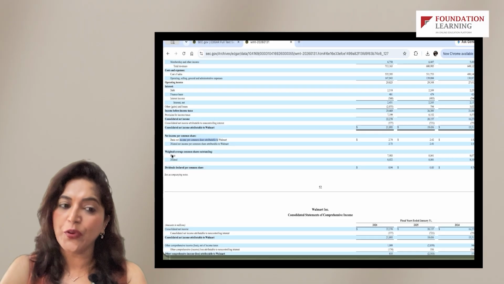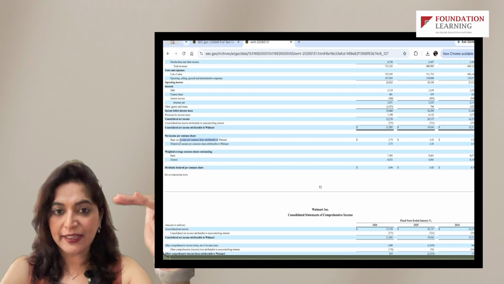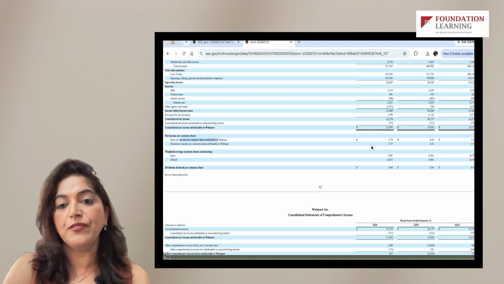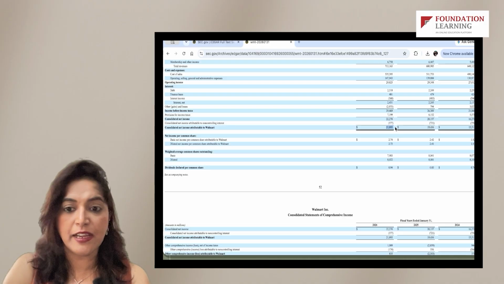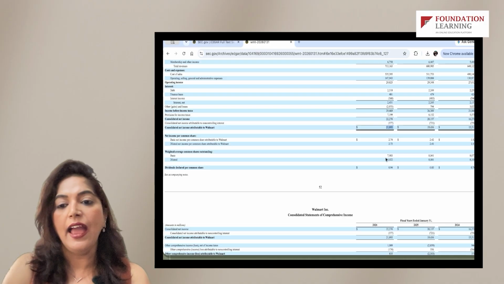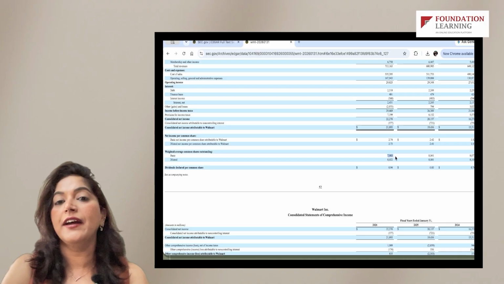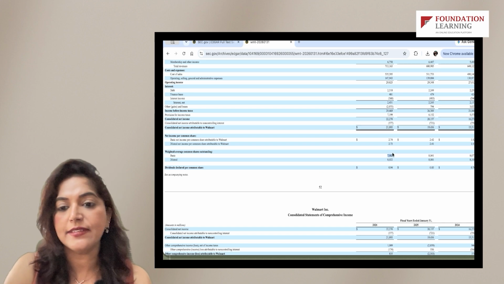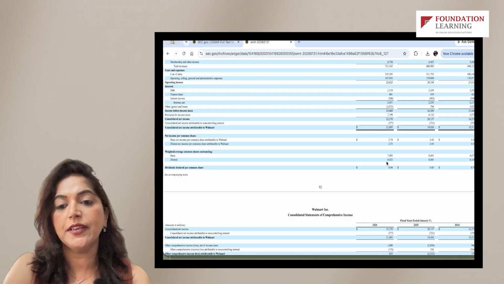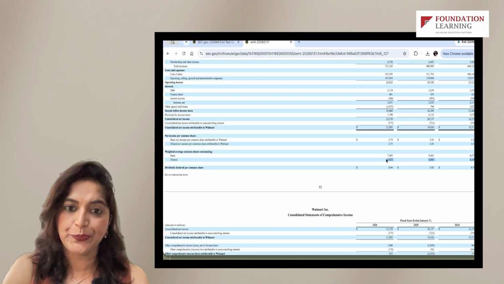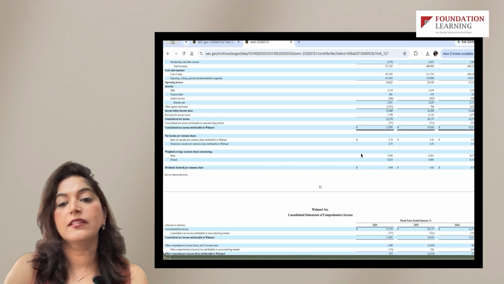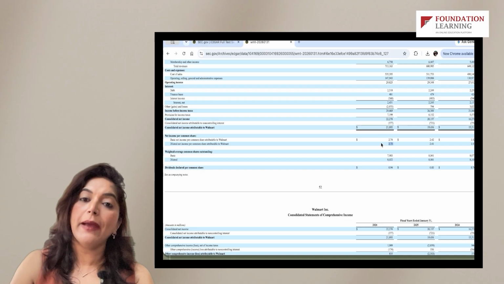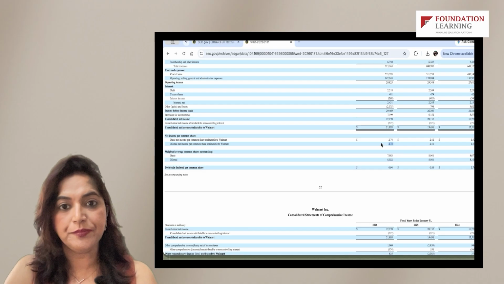For now, you should know that EPS is nothing but net income divided by the number of common shares. So we have the net income, which is 21,893, and this is the number of shares given to us, which for basic is 7983, for diluted is 8022, right? Which gives us 2.74 and 2.73 as the BEPS and DEPS for the company.